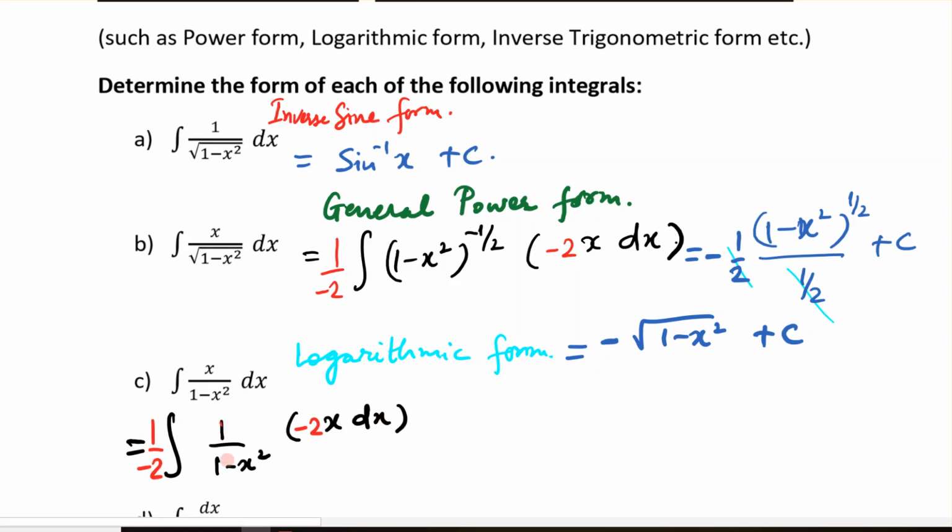So now we have the reciprocal of a function and the differential of the function. So using the logarithmic form, the answer should be -1/2 outside, and for this integral we get ln of the absolute value of 1 minus x squared plus c.